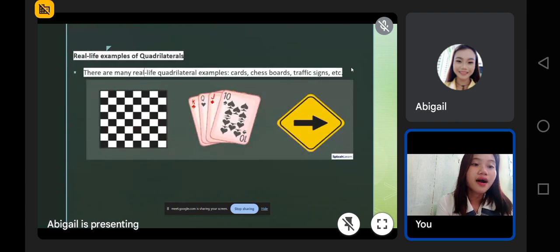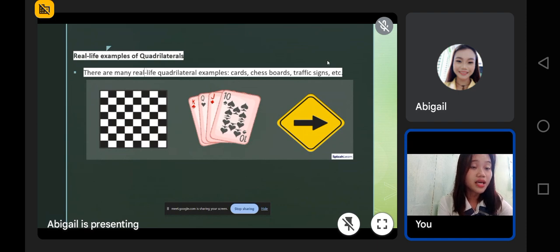Here are the real examples of quadrilaterals. There are many real-life quadrilaterals, and I will give examples such as chessboards, as you can see in the pictures, the chessboards, the traffic signs, etc. And another example is the table, also a table in the classroom.